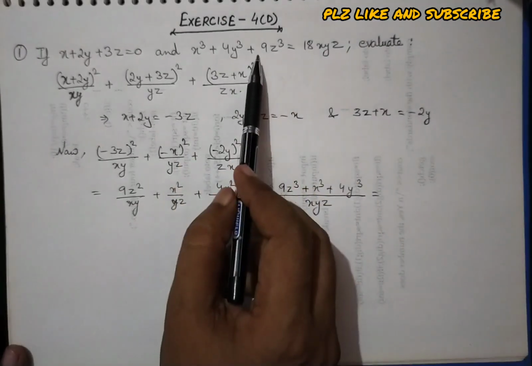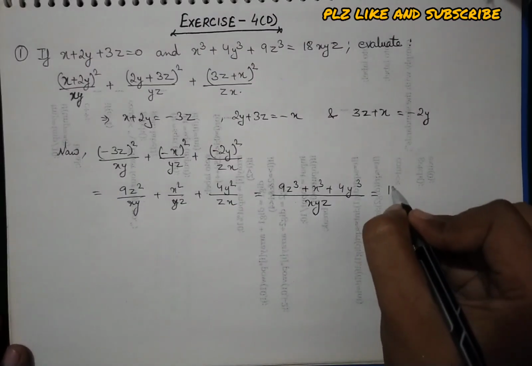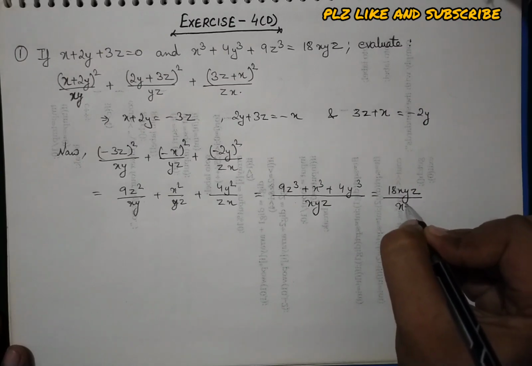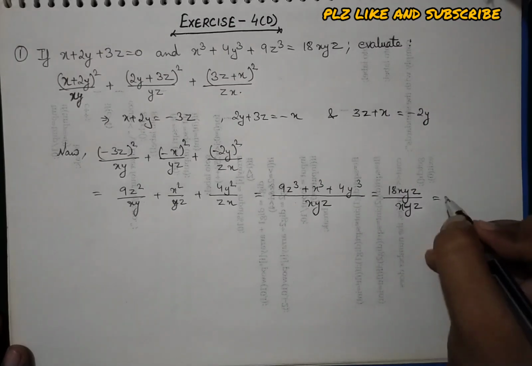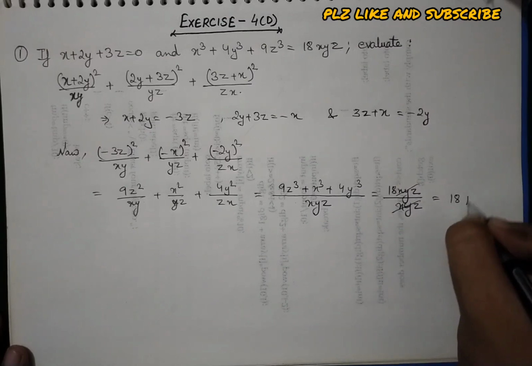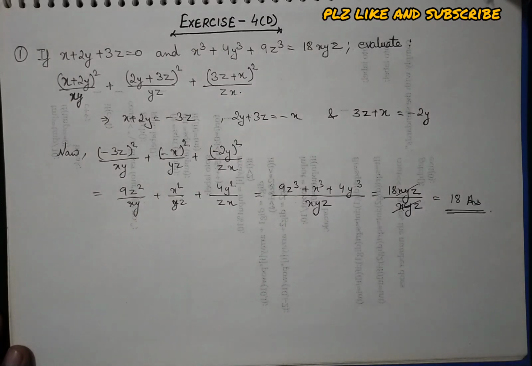And here we see that 9z cube plus 4y cube plus x cube equals 18xyz upon xyz, and as we can cancel these two, we will be left with 18 as the answer for question number 1.